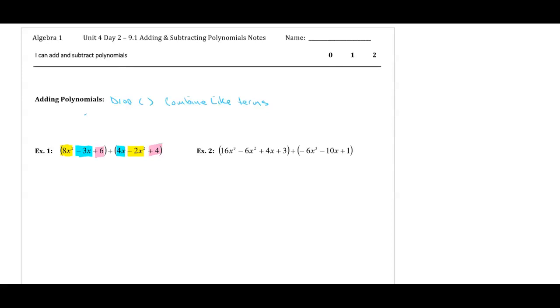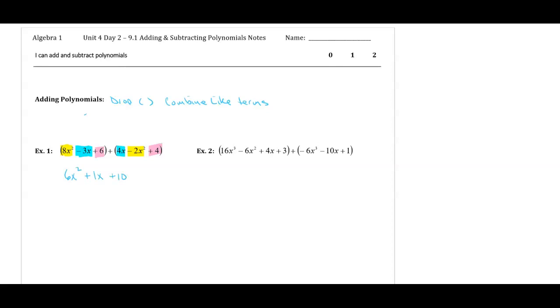Remember, you always take the sign that's to the left of the number. So when I read this, I read it as 8x squared minus 2x squared, which is 6x squared. Then negative 3x plus 4x would give me plus 1x, because negative 3 plus 4 is 1. And then 6 plus 4 would give me plus 10.